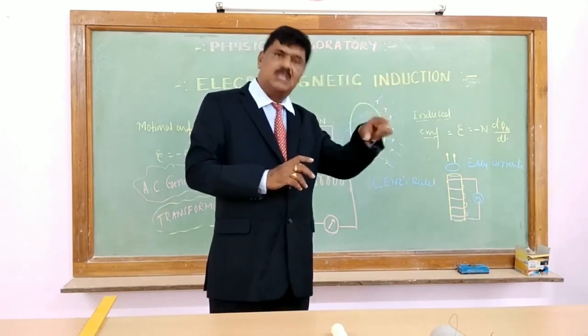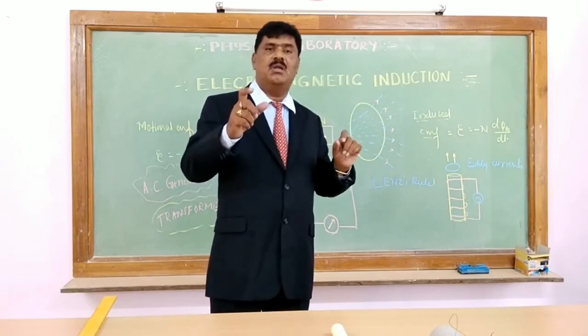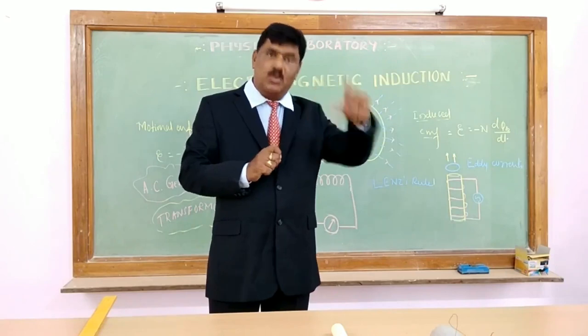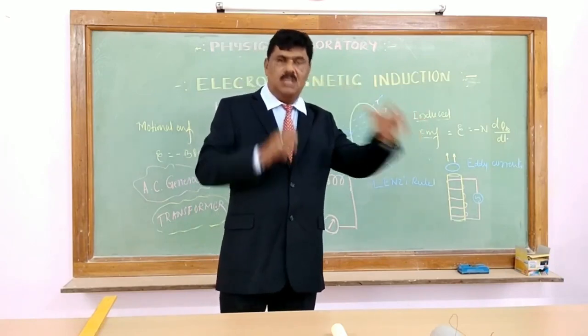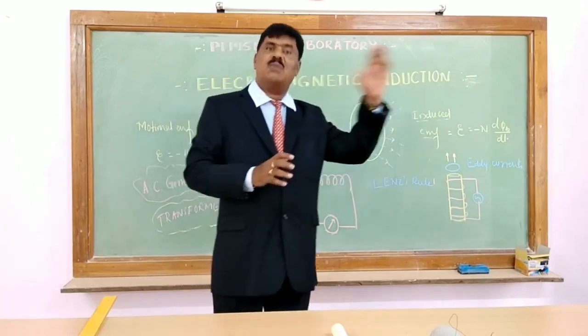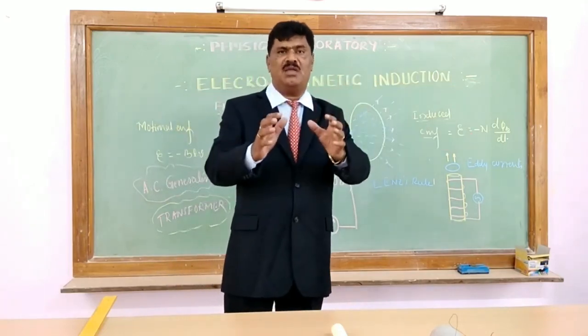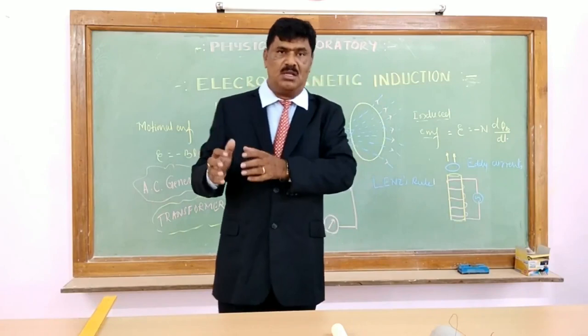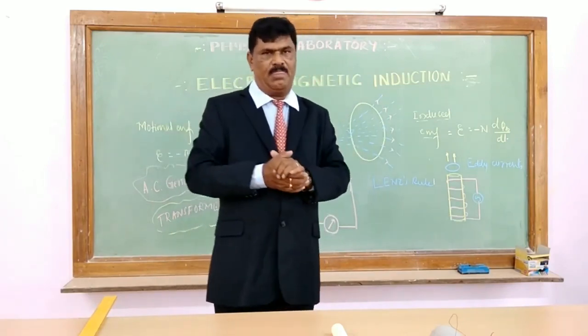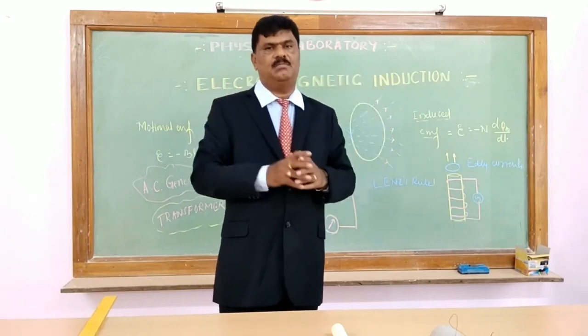When he discovered this phenomenon, the question arose whether the reverse is possible or not. That means when the current is producing a magnetic field, is it possible for us to get the electric current from the magnetic field? This was the question.